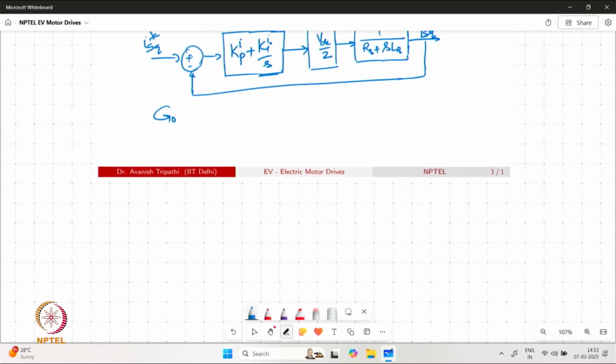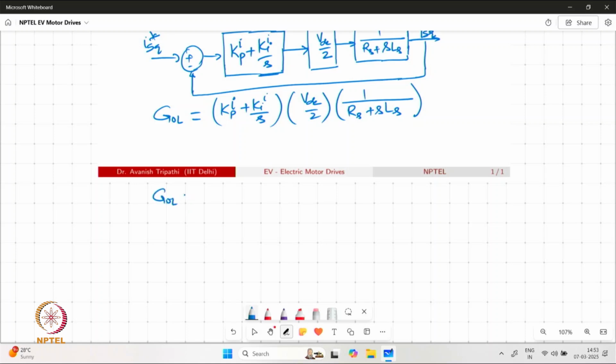So if we write the open loop gain of this system, the current control loop, we are going to have this. Now we can segregate these terms for the purpose of simplification.